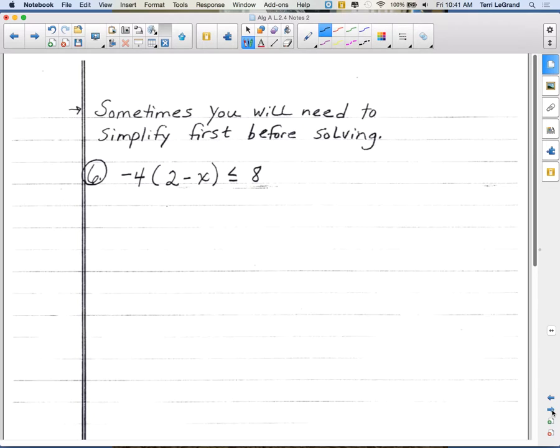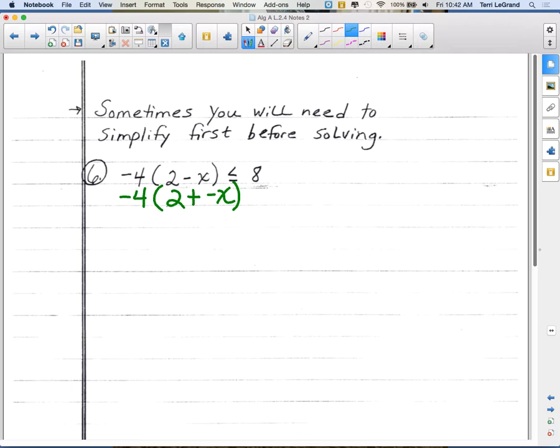Let's rewrite it so that it is add the opposite. Because when we're multiplying and we have subtraction and we have negative signs involved, we can get ourselves into trouble by not changing subtraction to add the opposite. So this does become a plus a negative x.